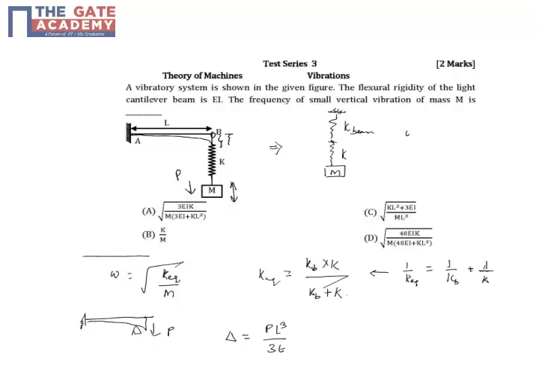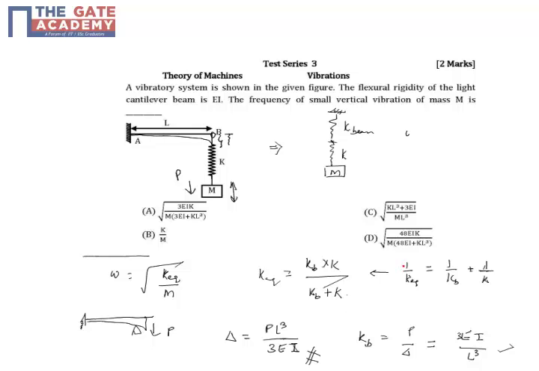This is derived from deflection of beams by the double integration method, M is equal to EI d square y by dx square. This is something you have to remember for this vibration problem. So the K beam will be load over deflection, P by delta, which is the classical definition of stiffness. So it is 3EI by L cube, where I is the moment of inertia and E is Young's modulus. So KB is something which we got.